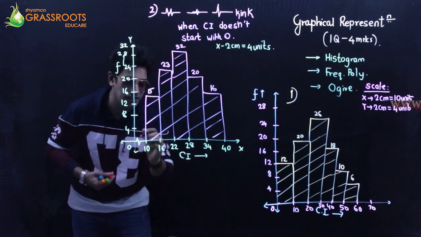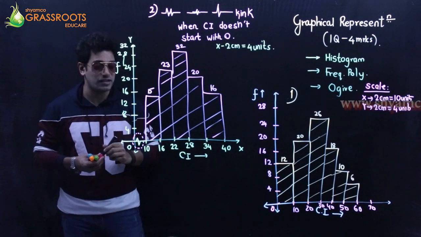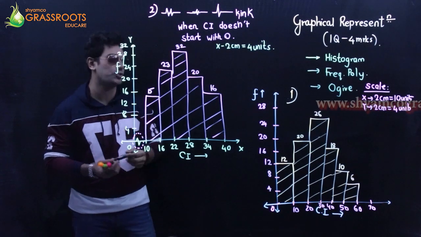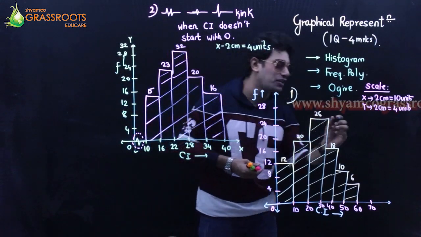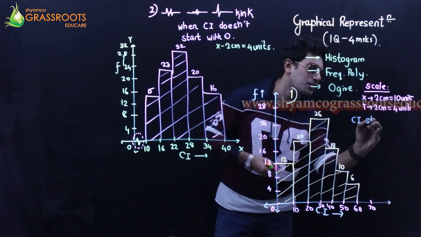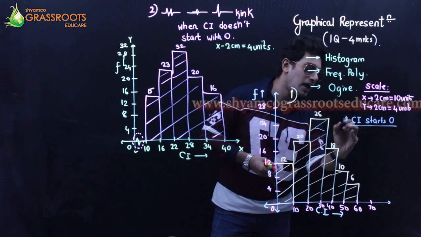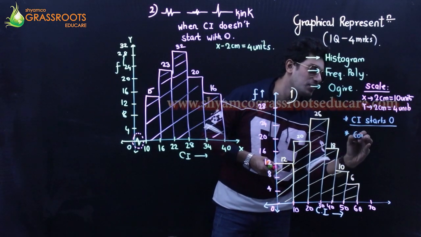The only difference is out here where the start is not from 0. The class is continuous, no issues. So the first speciality of my first sum is class interval starts from 0, and second, it is a continuous class.